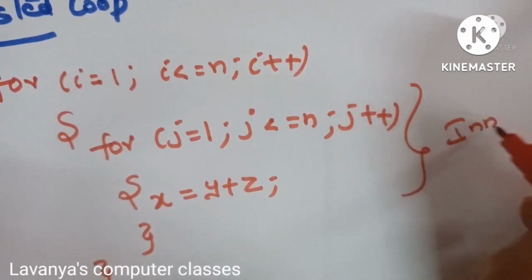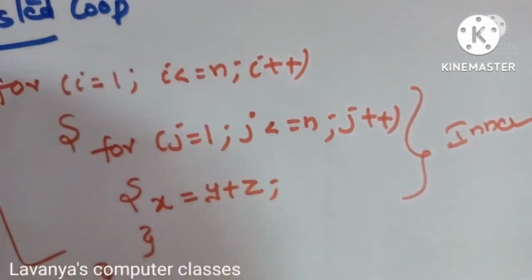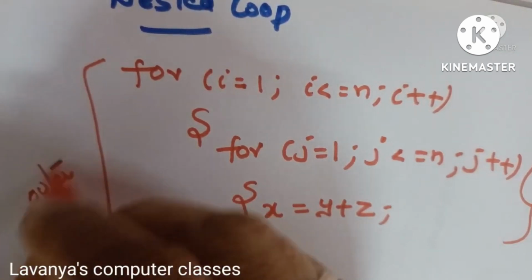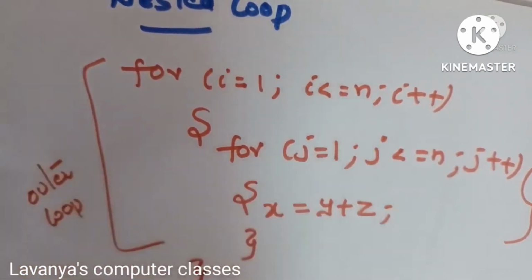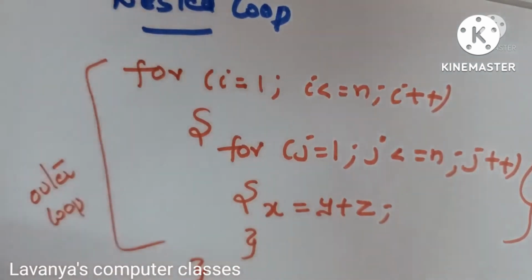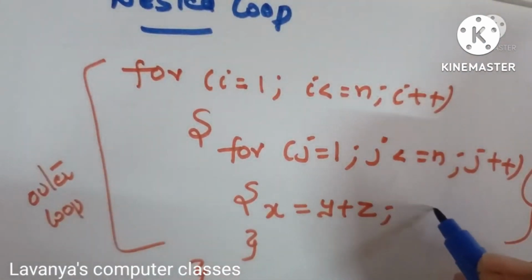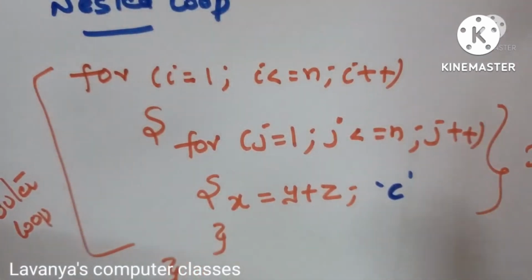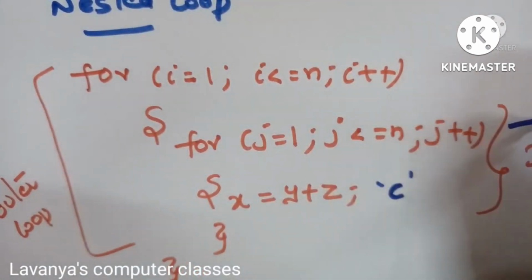So j is called the inner loop, and i is called the outer loop. That's why it is called a nested loop. Nested loop means one loop contains another loop. The line x equal to y plus z takes constant time.